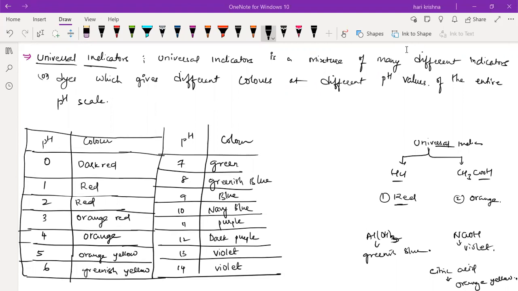When you take phenolphthalein in the laboratory bottle, it looks colorless, like water. Methyl orange is orange in color. Like this, universal indicator will show only green color, but when you add acid, it will change into different colors according to the strength. When you add to bases also, it will change to different colors according to the strength.